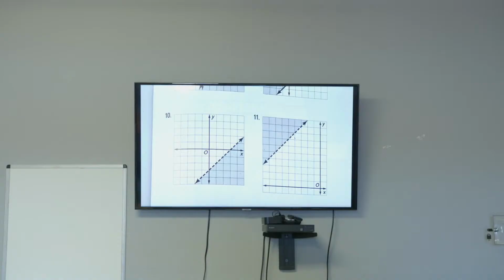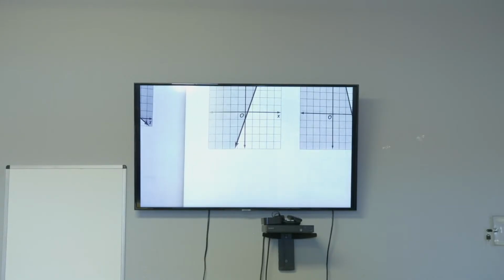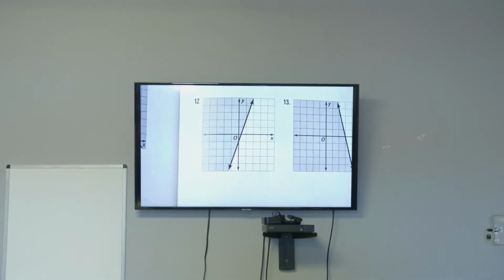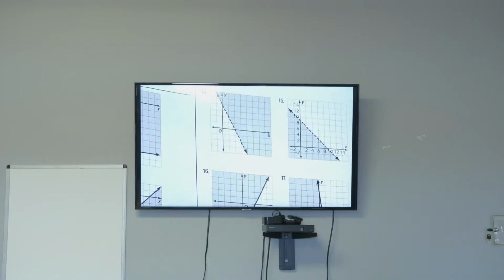Number 10. Number 12. I don't know, did you? I did a little. I don't know what that is. Well, if you can't tell what you wrote, then no, you didn't get it right.